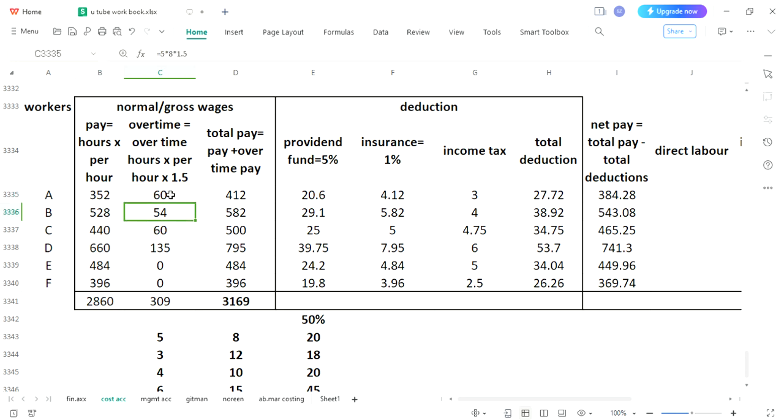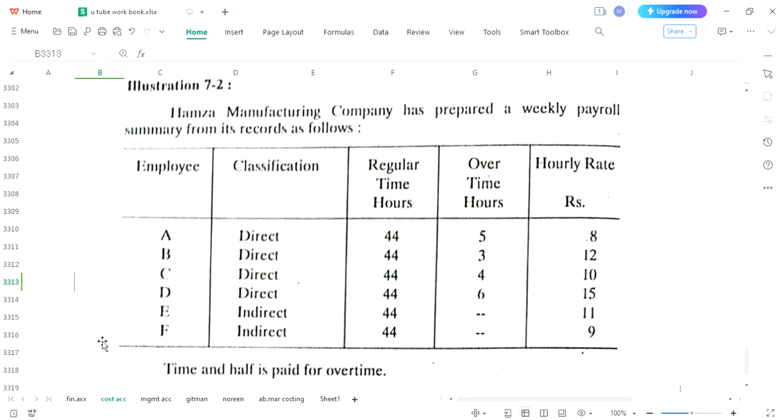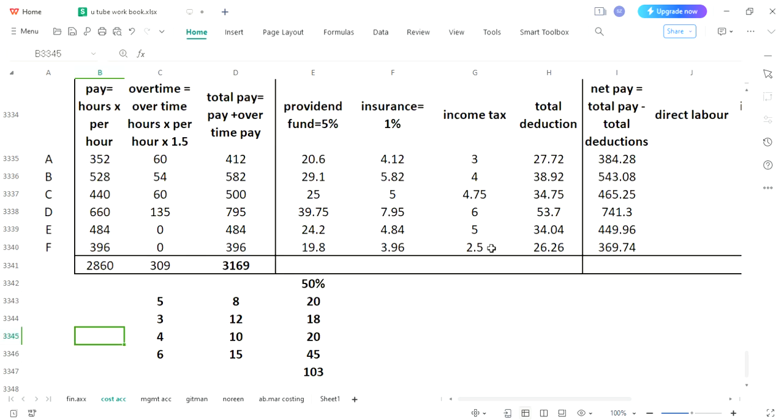The second method is do not include 100% payment over here. Instead, add 100% payment at this side. For that, what you will do, your normal hours are 44 and overtime hours are 5, 49 total hours, and per hour is 8.